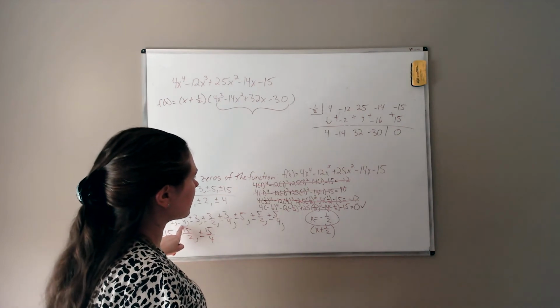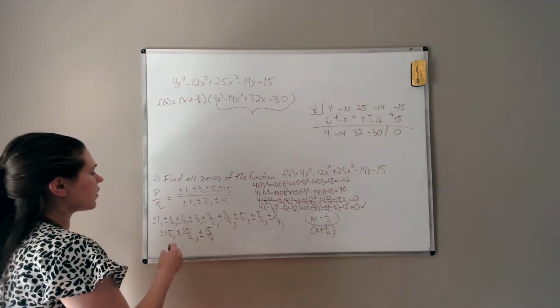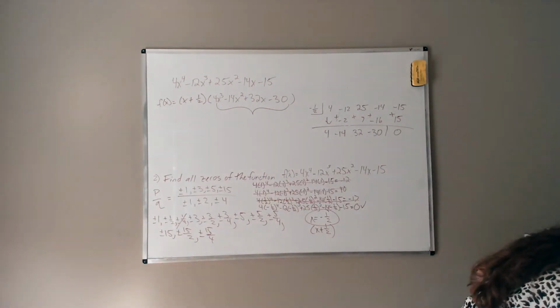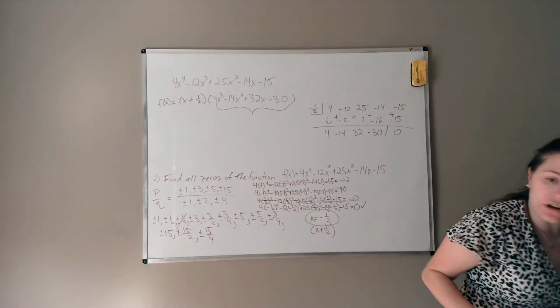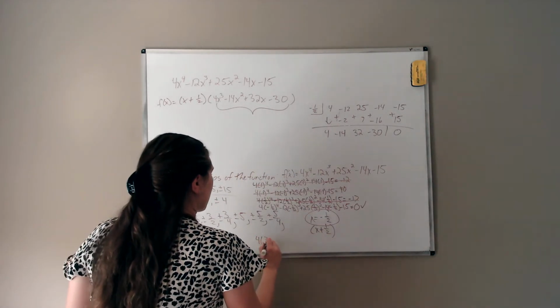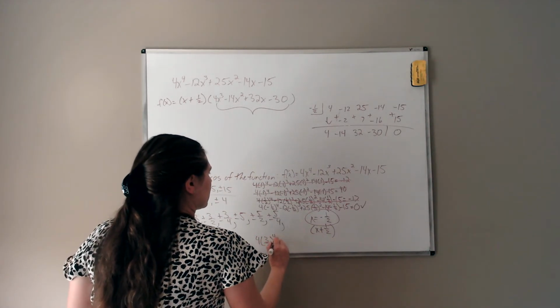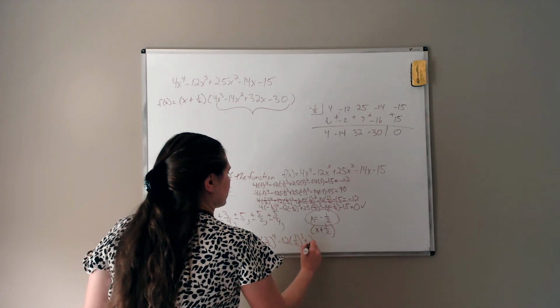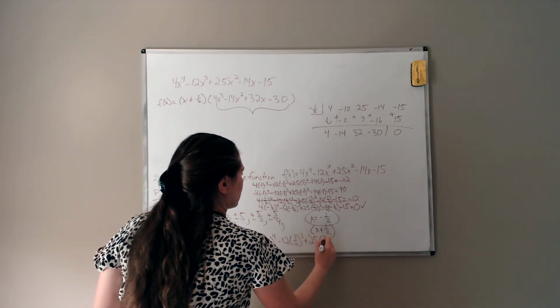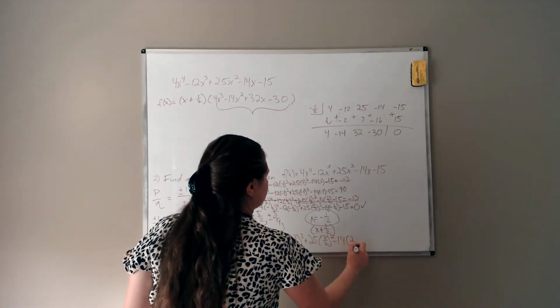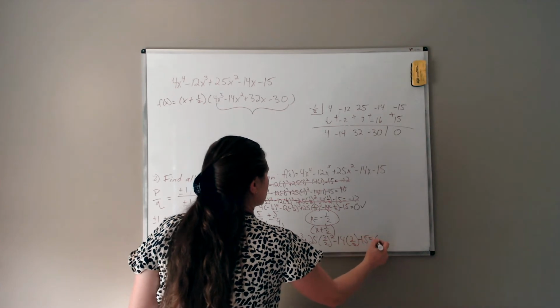Next I would plug in a fourth, negative 1/4. I'm going to tell you right now they wouldn't work. 3, negative 3, they wouldn't work. Positive 3/2, if you plug in positive 3/2, you are going to get 0.